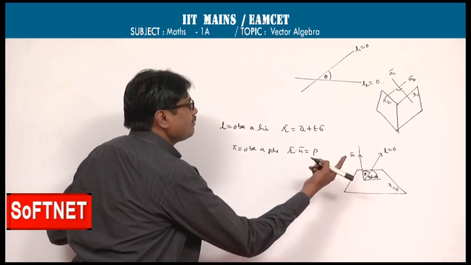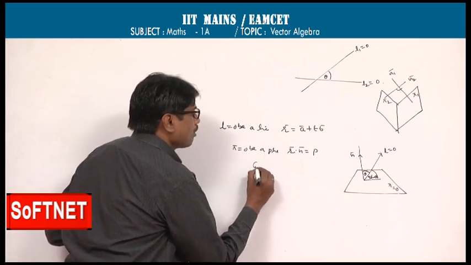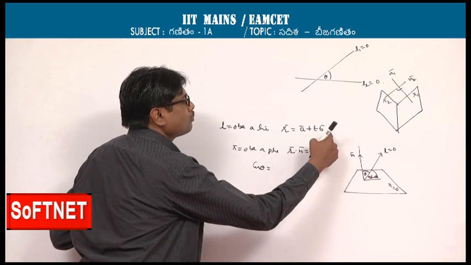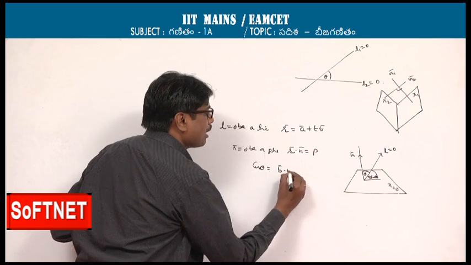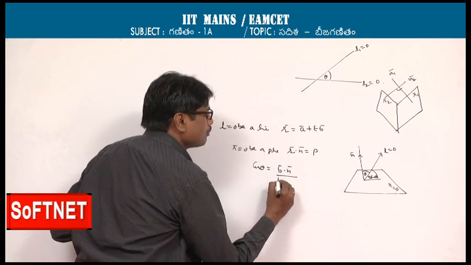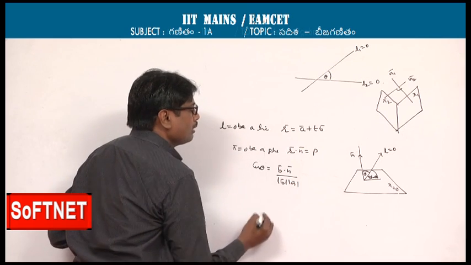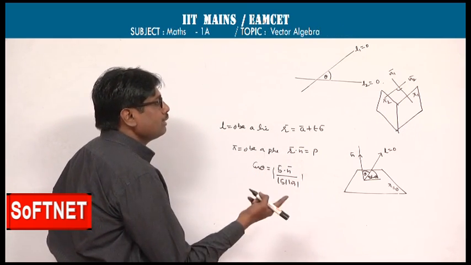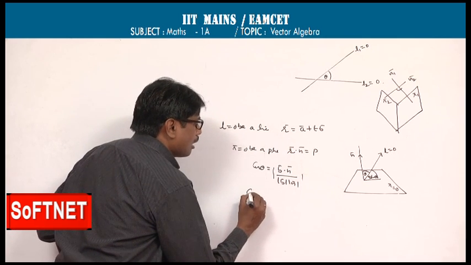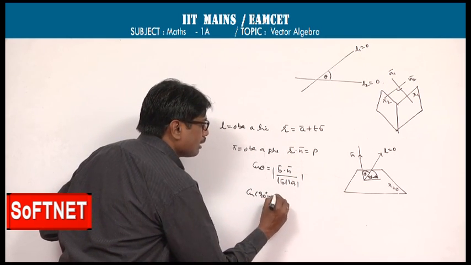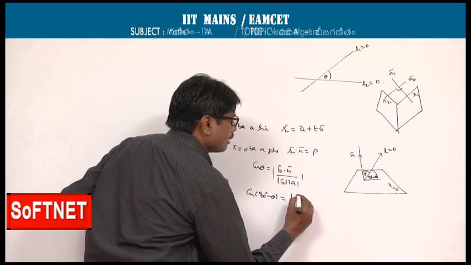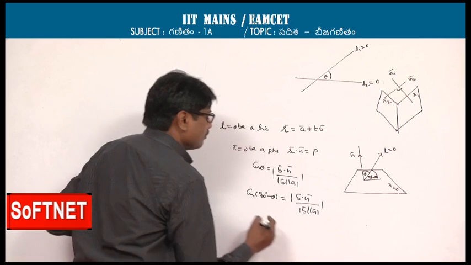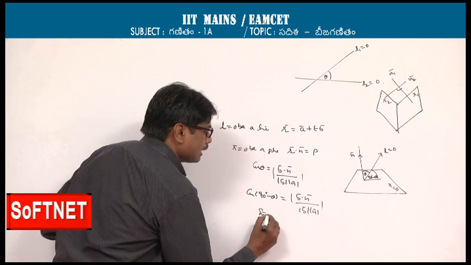The angle between the line and the normal is given by cos theta is equal to B bar dot N bar divided by mod of B bar into mod of N bar, taking the modulus to keep it acute. Then the angle between the line and the plane is cos of 90 minus theta, which is equal to sin theta.